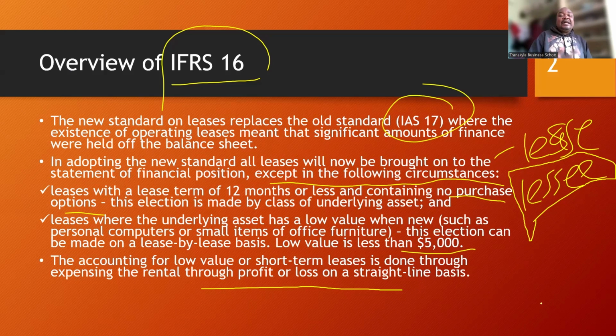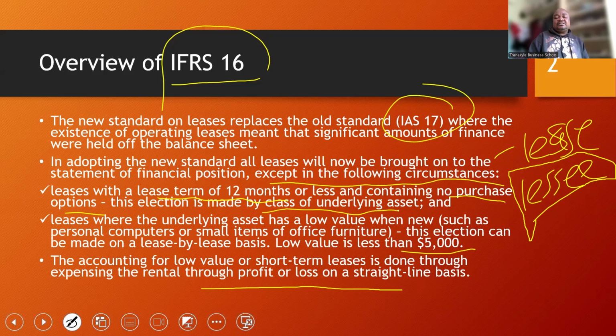Now, the other thing I need to mention here is about the treatment of these exemptions. When you choose to apply the exemption on the basis of lease term, okay? If the lease is 12 months or less, then you need to apply that exemption to the full class of the underlying asset.